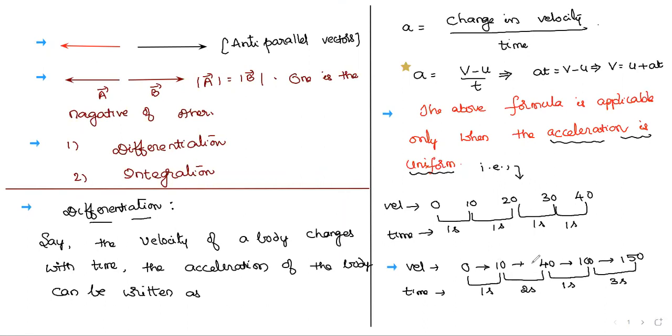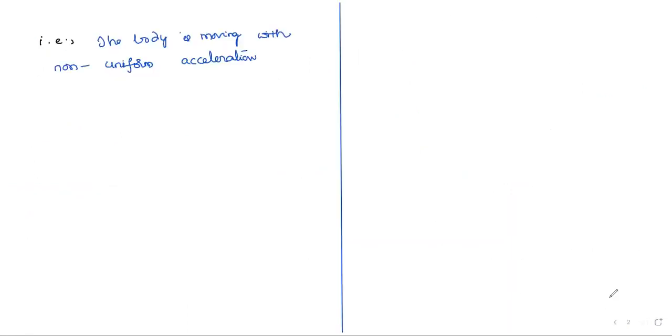In that case, to find out the physical quantity, we should not use this formula. For that, they give one method to find out. That method we call differentiation. This is the method we are going to use in case of non-uniform changes.